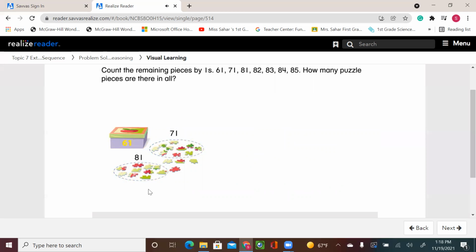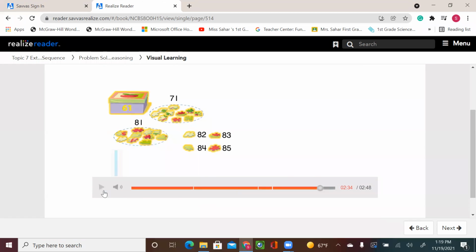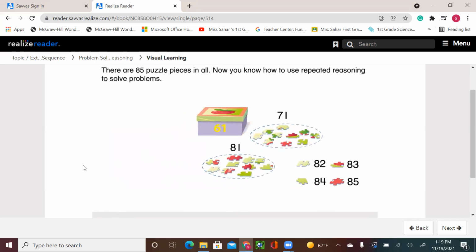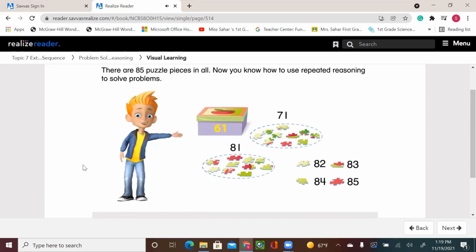Count the remaining pieces by ones. 61, 71, 81, 82, 83, 84, 85. How many puzzle pieces are there in all? 85. There are 85 puzzle pieces in all.